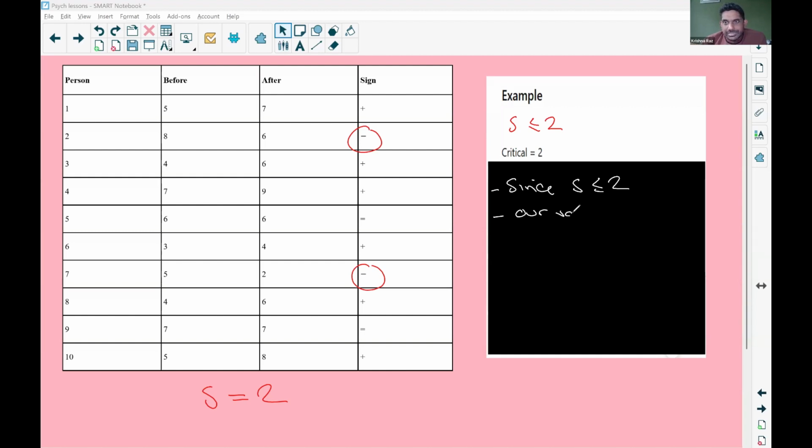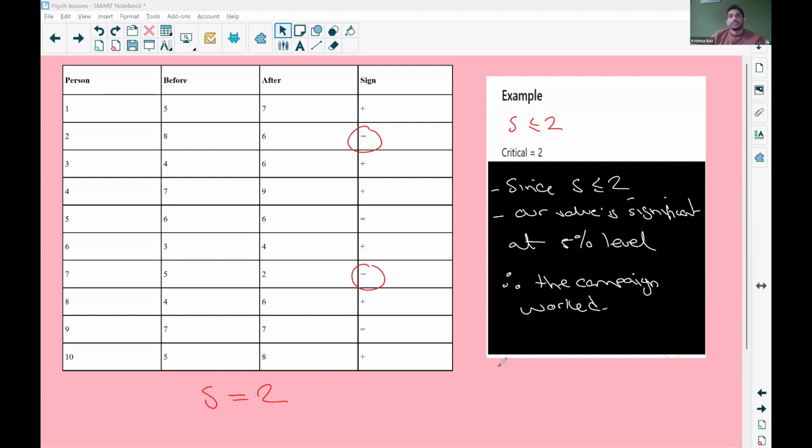Our value is significant at the 5% level. Therefore, the campaign worked. It wasn't by chance that they improved. We're saying that we have enough evidence to suggest that the campaign impacted the knowledge of the people watching it.